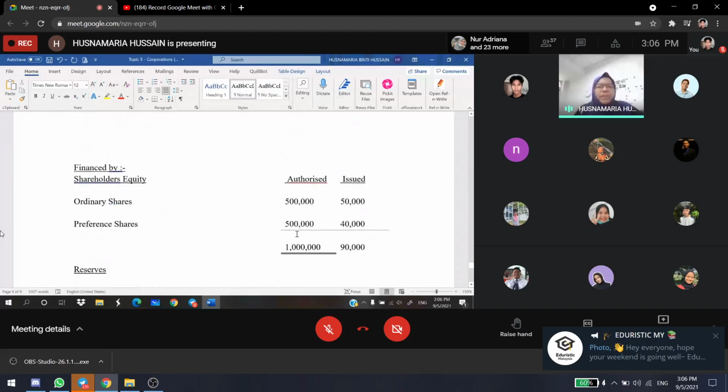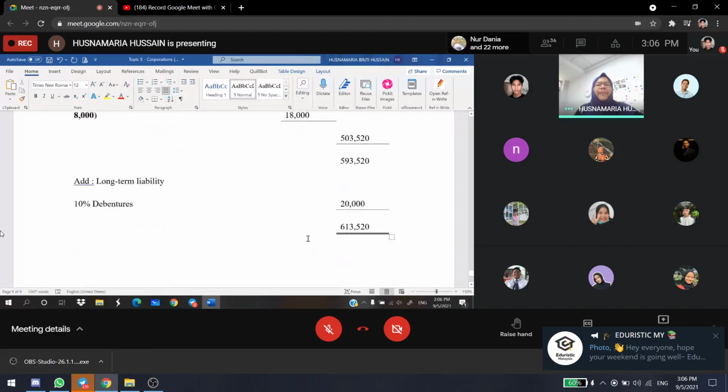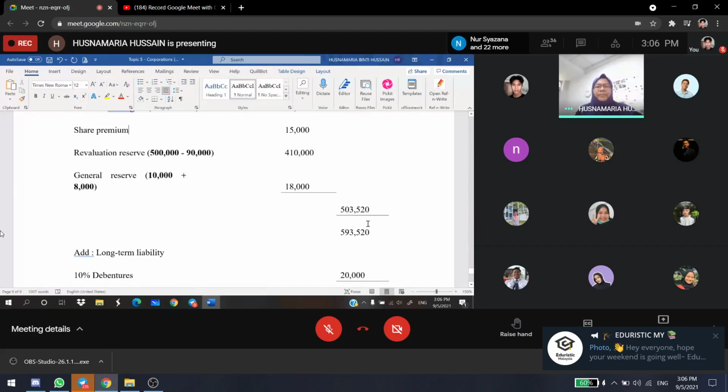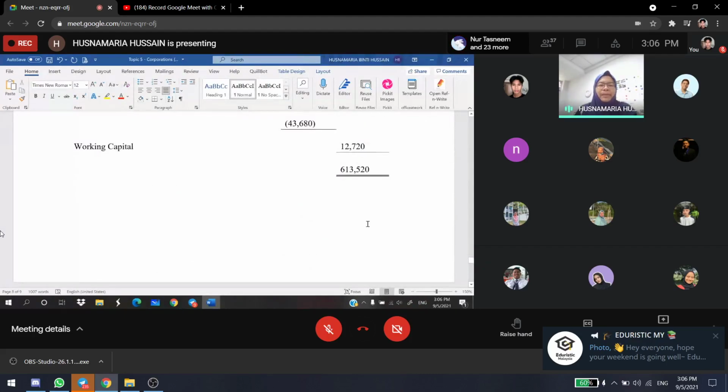So kalau dia tanya owner's equity je, meaning owner's equity total amount should be 593,520. Okay, owner's equity. But if they ask you finance by section, until the end lah, 613,520. So that's it regarding the format.